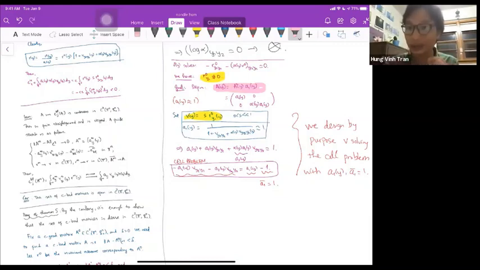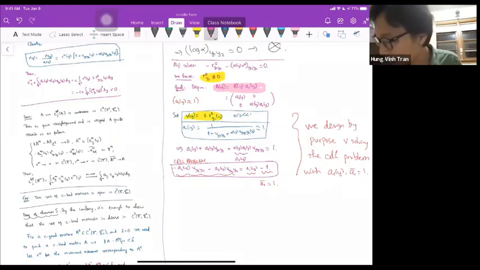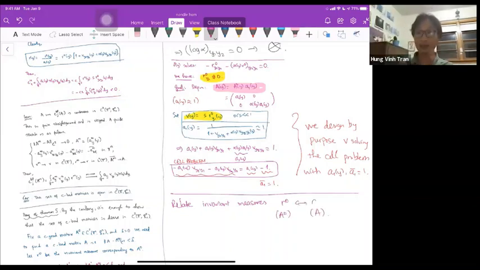So that's really important. Okay. Then the last point is that we can relate invariant measures R naught with R. So R naught is of A naught and R is of A. That's a really important thing when we do this sort of stretching.